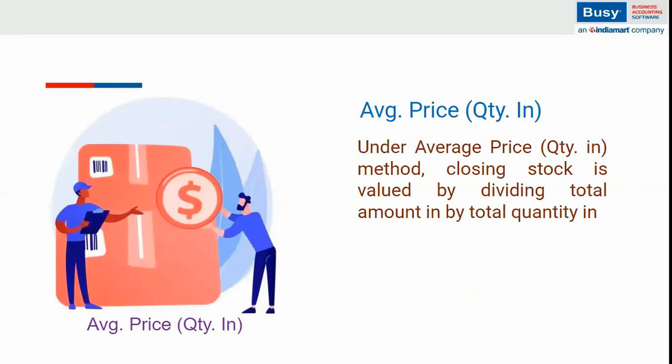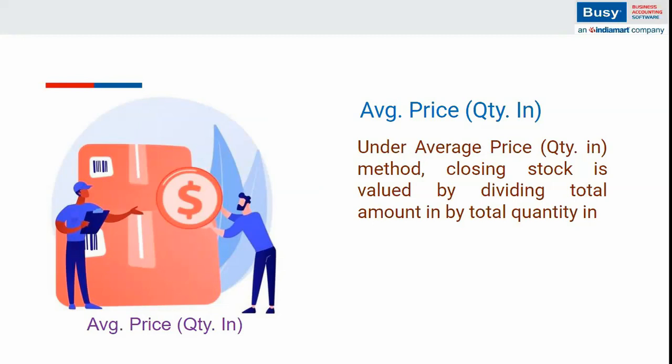Average price, quantity in. It's written quantity in in brackets because average price quantity in does not only include purchase, it will include the stock in entry also, and the production in entry also.